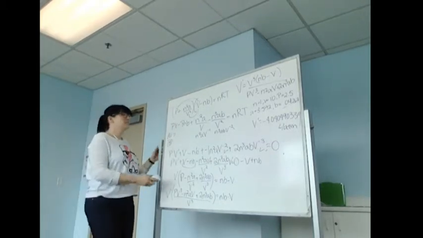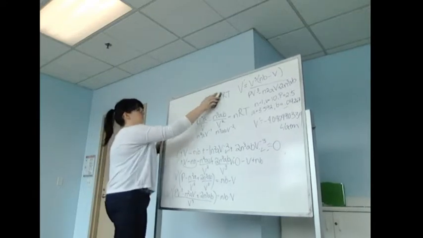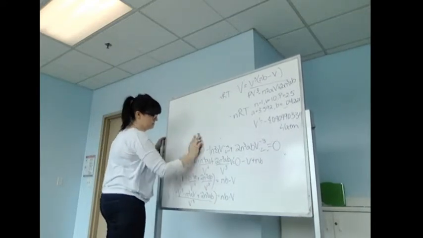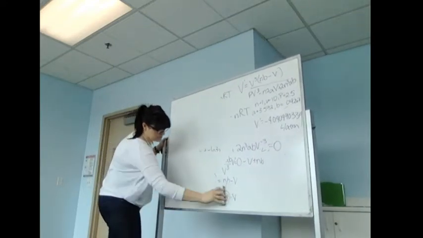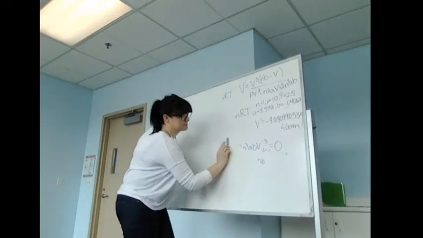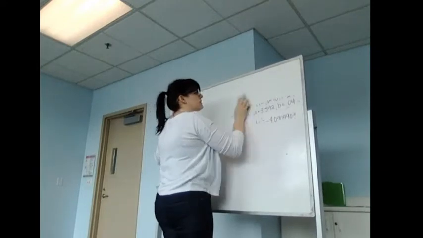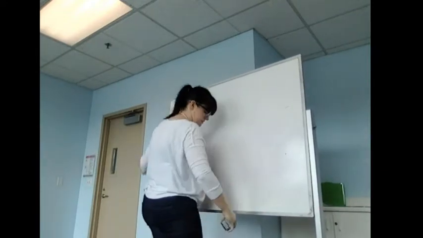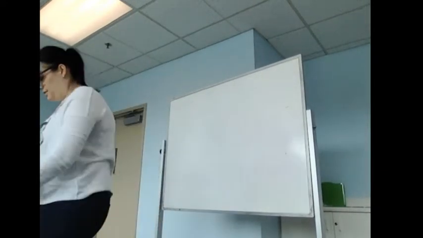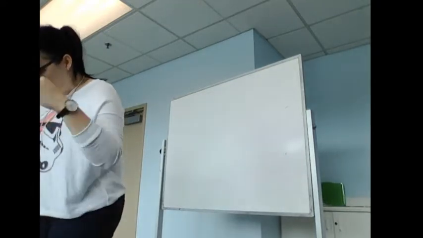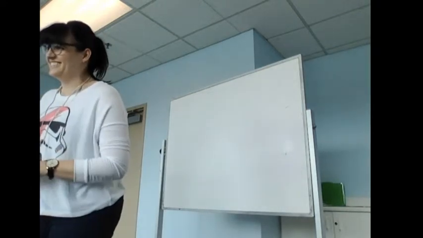What was the other one that we were working on Monday that I didn't get? 61? Okay, I've got that one too. Okay, 61, this one is so much easier than I thought it was.